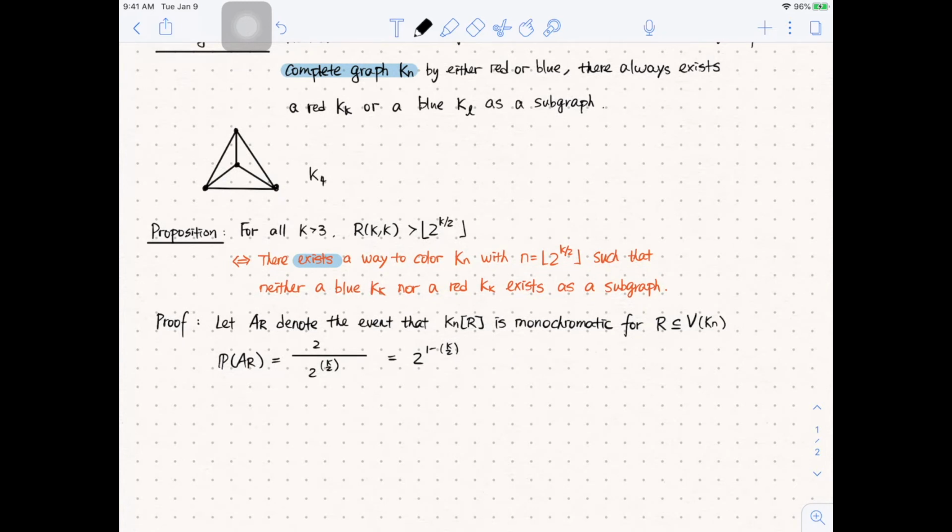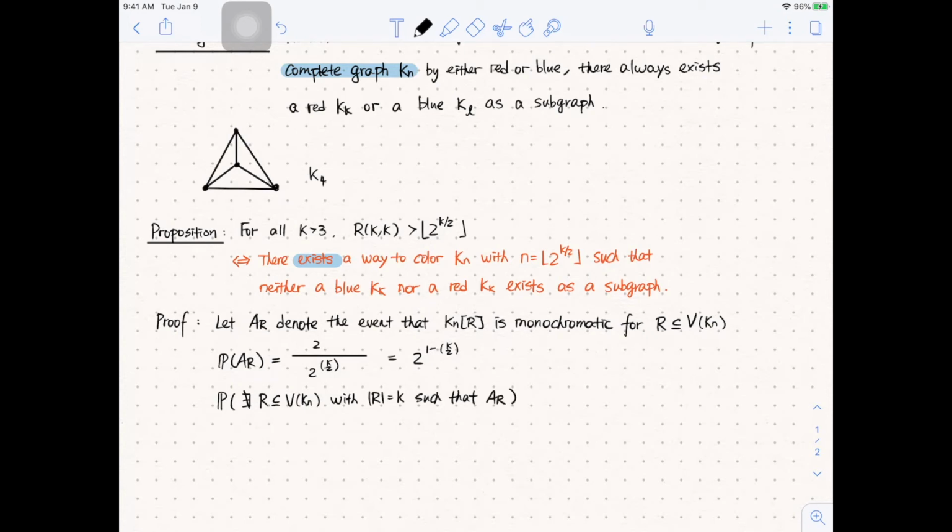Now let's use this event to write down the probability that there's neither a blue K_k nor a red K_k. That is the probability that there does not exist a subset R of the vertices with size exactly equal to k such that this event A_R is true.